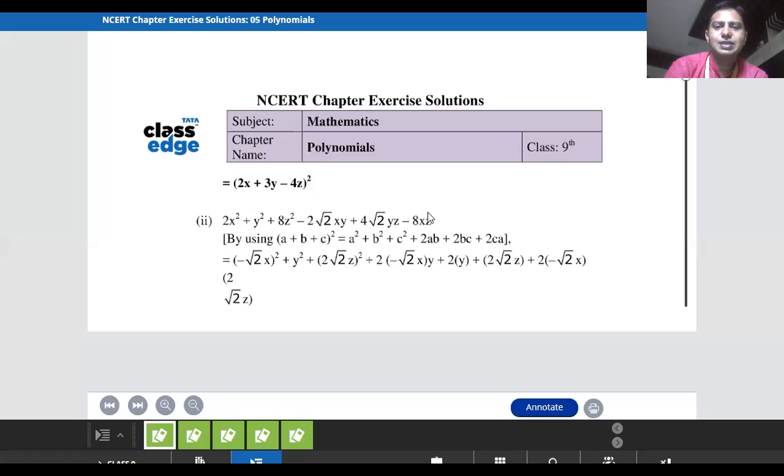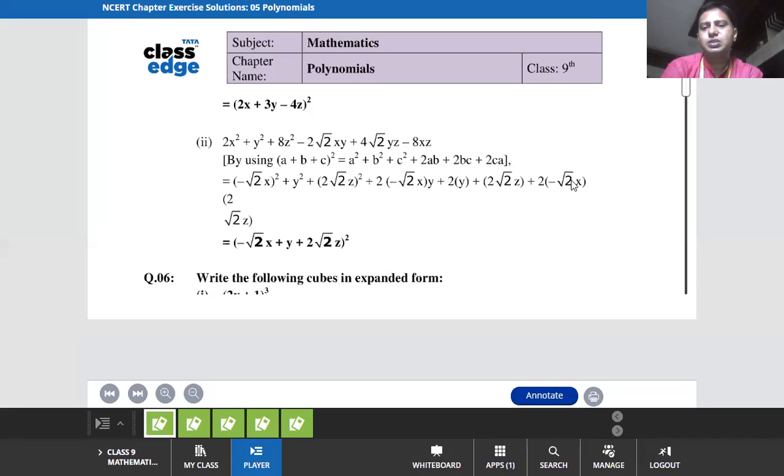And minus 8xz can be represented as 2 into under root 2 x into 2 root 2 z. So here we have a square plus b square plus c square plus 2ab plus 2bc plus 2ca.